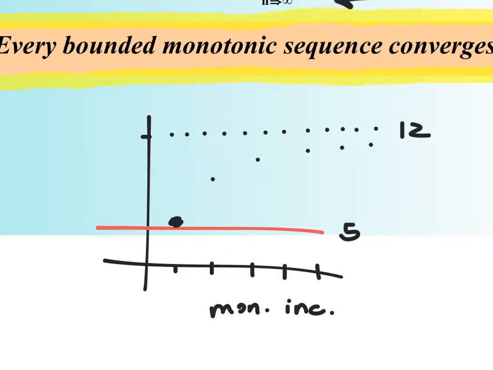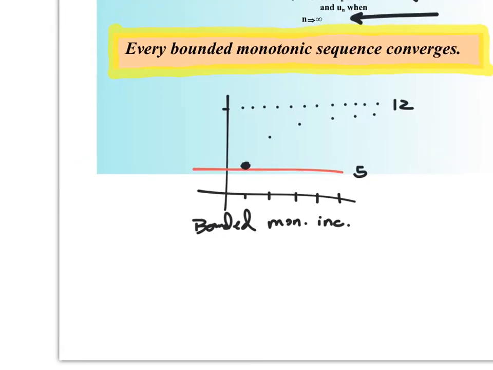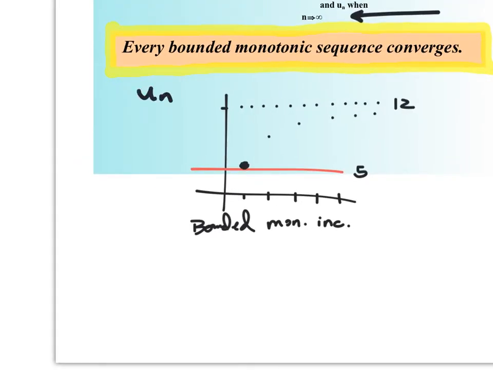If we have a lower limit and we have an upper limit that we're approaching, then it's bounded. So that would be monotonic increasing and bounded. So we could say that that sequence, whatever it is, would converge.